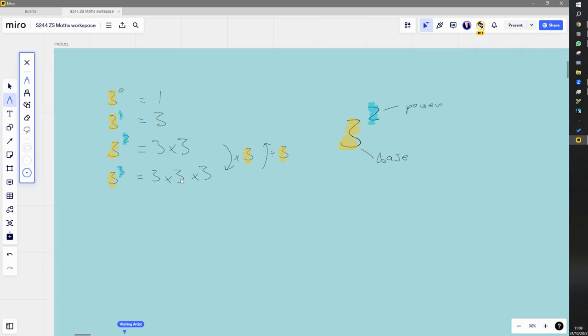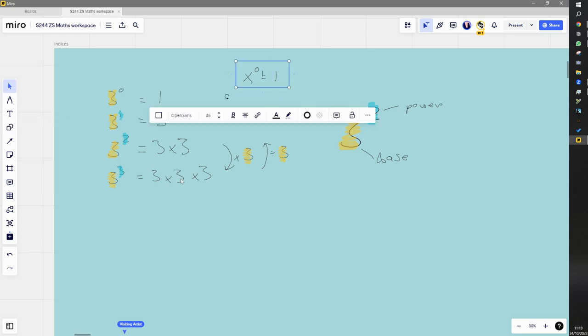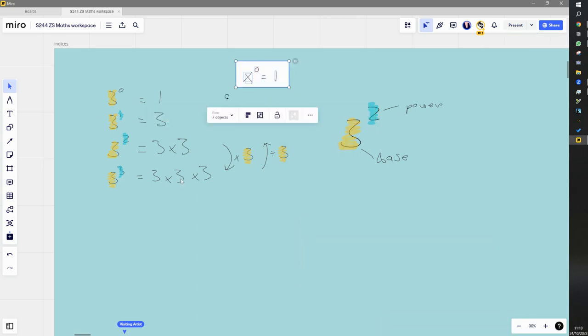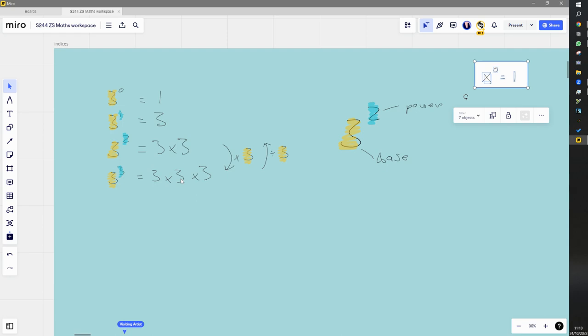So in actual fact, we could say that x, where x could be any number, x to the power of 0 is always going to be equal to 1. So that could be our first rule. Let's put that in a little square, and we're happy with that one now. That's our first rule that we're going to introduce ourselves to.